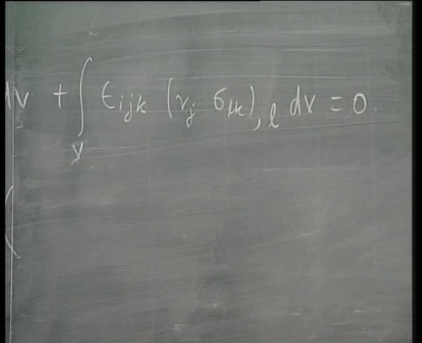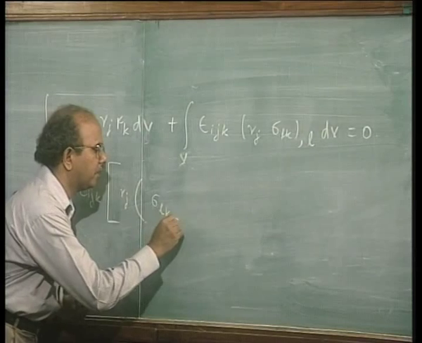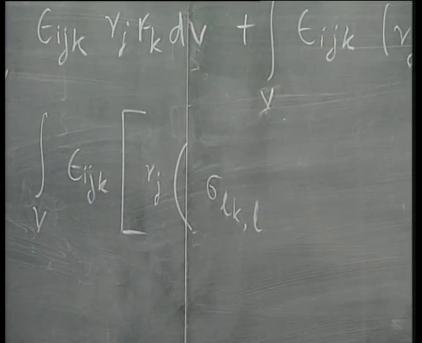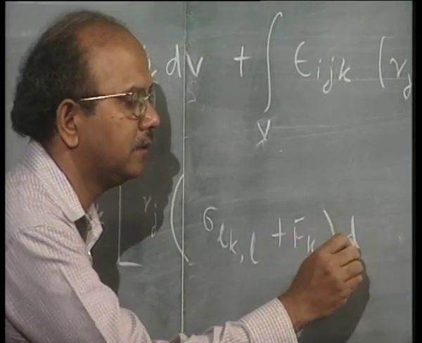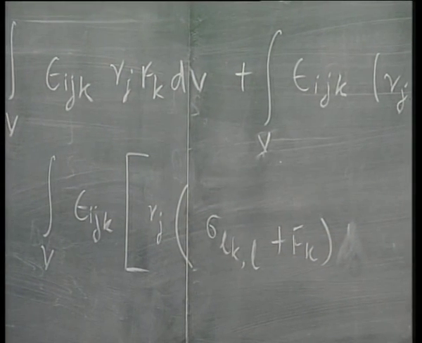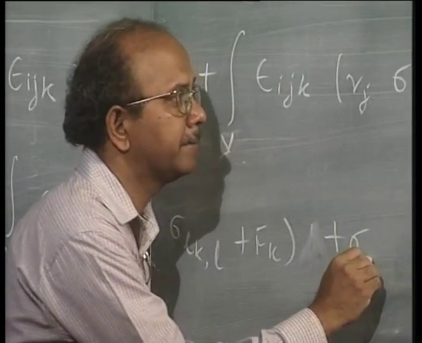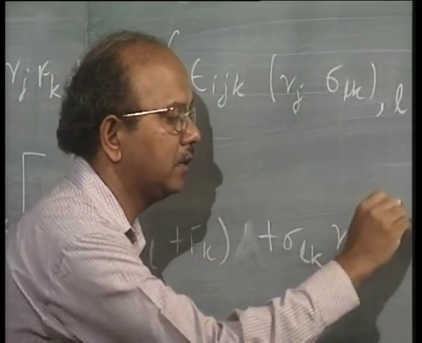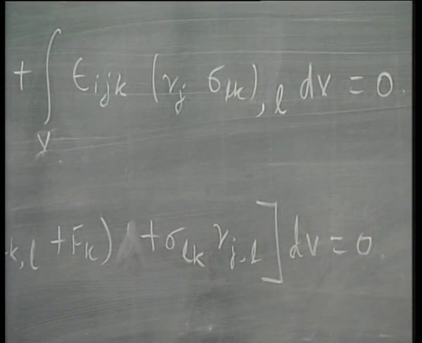So the first part I am taking, r_j into sigma_lk comma l, plus f_k, okay, dV we will put at the end, plus sigma_lk, r_j comma l, the whole thing, dV is equal to 0.